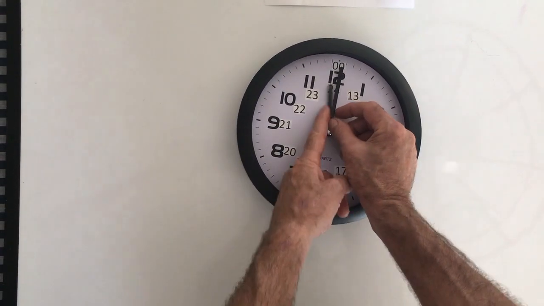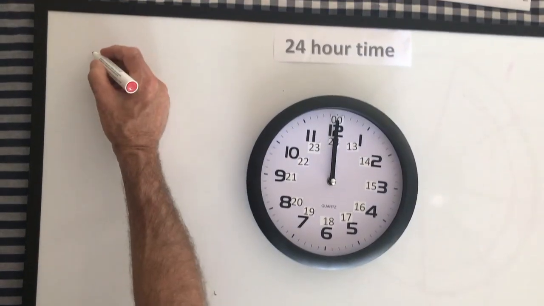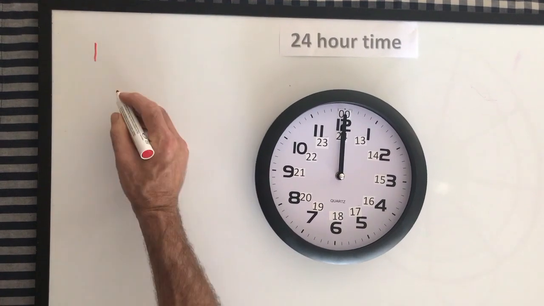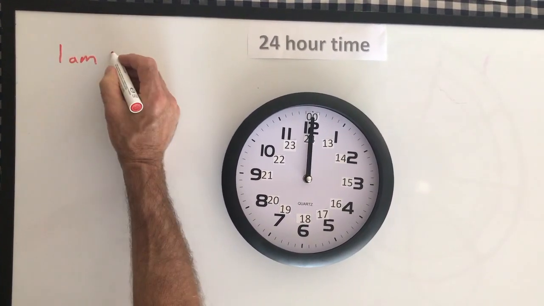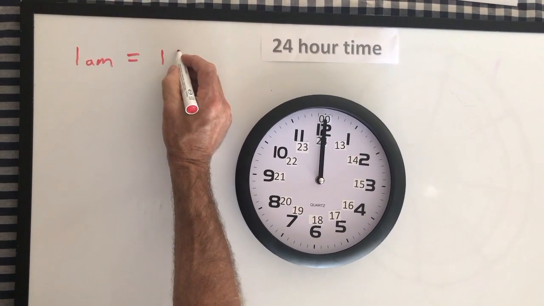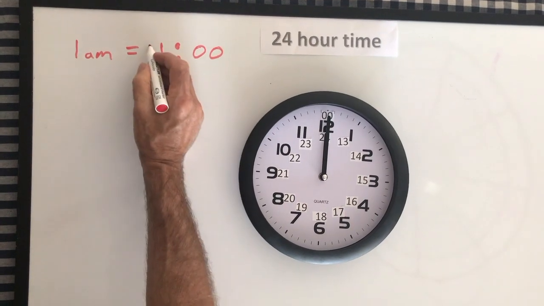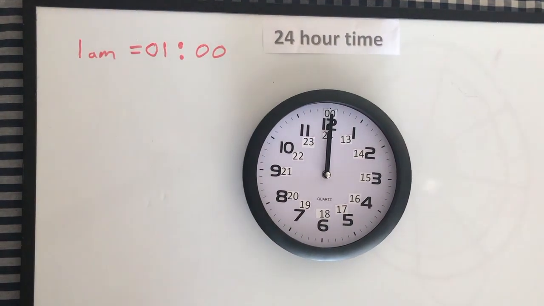If we have a look, the way we write this is this way. We start with 1 AM. Is 1 hour and no minutes, and I fill in a 0 in the front.